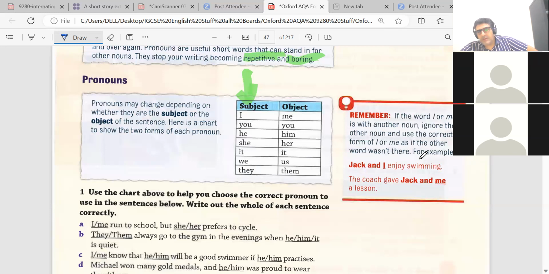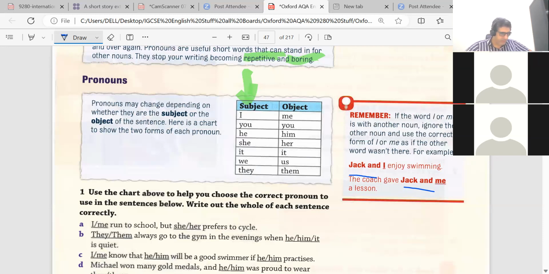Teacher, give Khalid and me a present. Like this example, Jack and I enjoy swimming. The coach gave Jack and me a lesson.